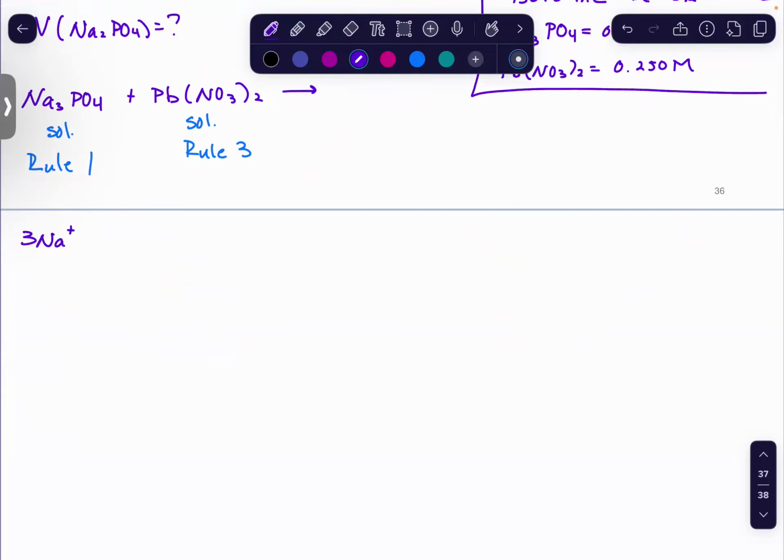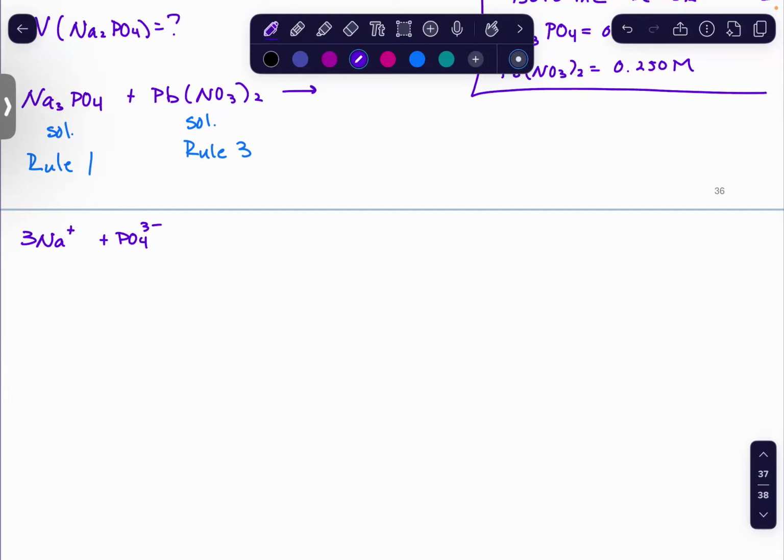Okay, so they're soluble, which means now I'm going to say, well, there's 3 sodiums plus a phosphate. Again, you should know phosphate is one of your polyatomic ions. Sodium is in group 1, column 1 of the periodic table, meaning it has to be a +1 when it becomes an ion. And if I have 3 of those +1s to the single phosphate, then phosphate has to be a -3. That's the only way they neutralize.